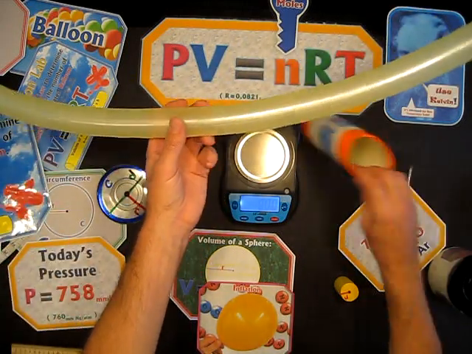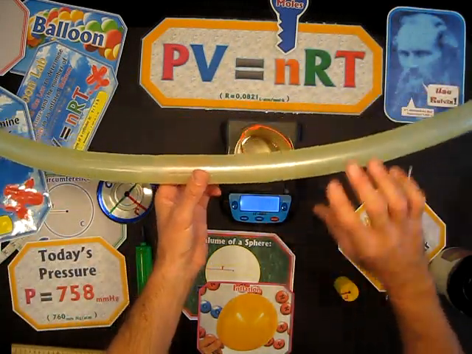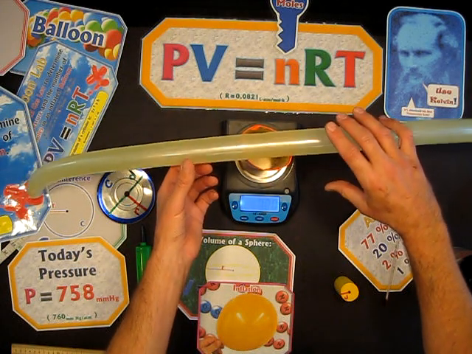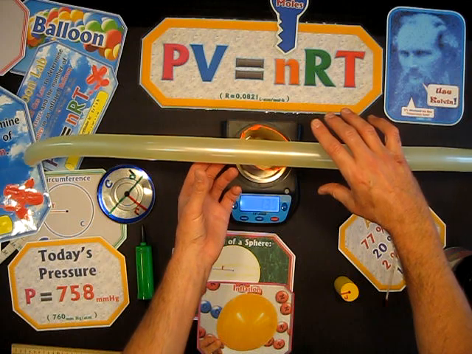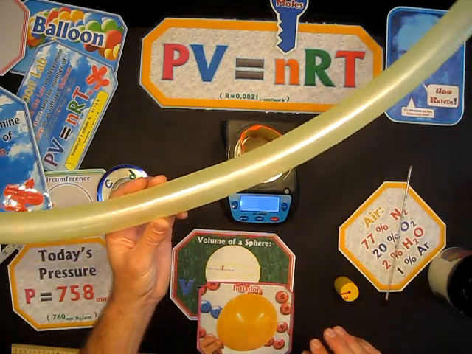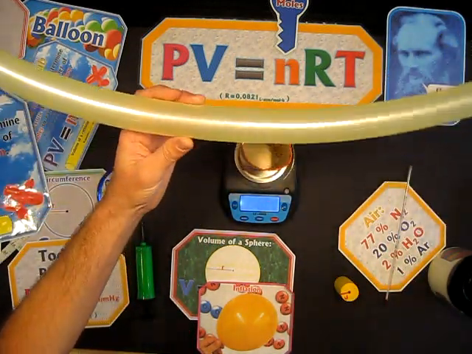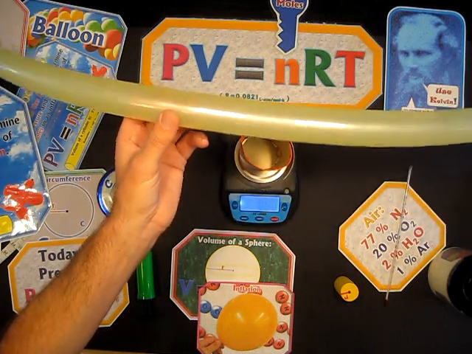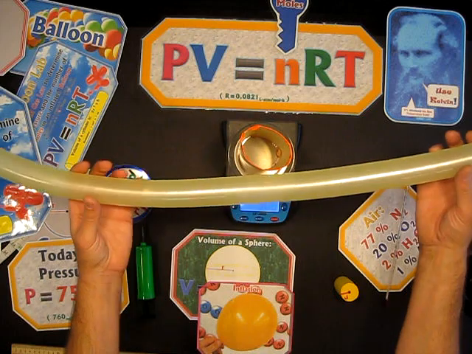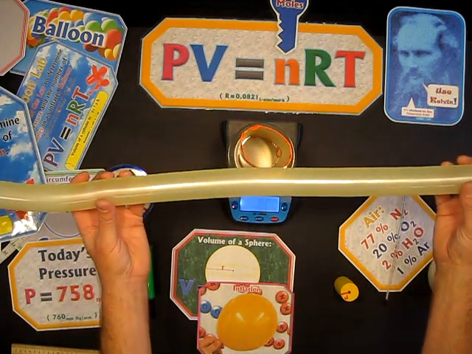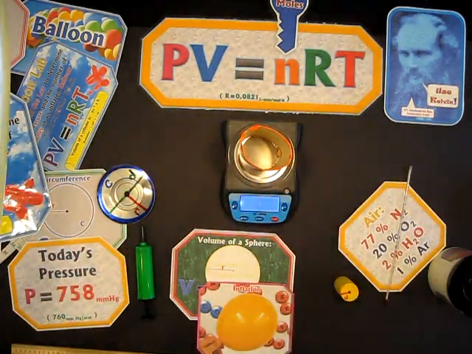So do you know what? When I measured this on here, when I zeroed that and measured this, I wasn't actually getting the total mass of this balloon, because some of the mass inside this balloon is already being zeroed. Imagine, before I inflated this balloon, there was air in that exact same space.